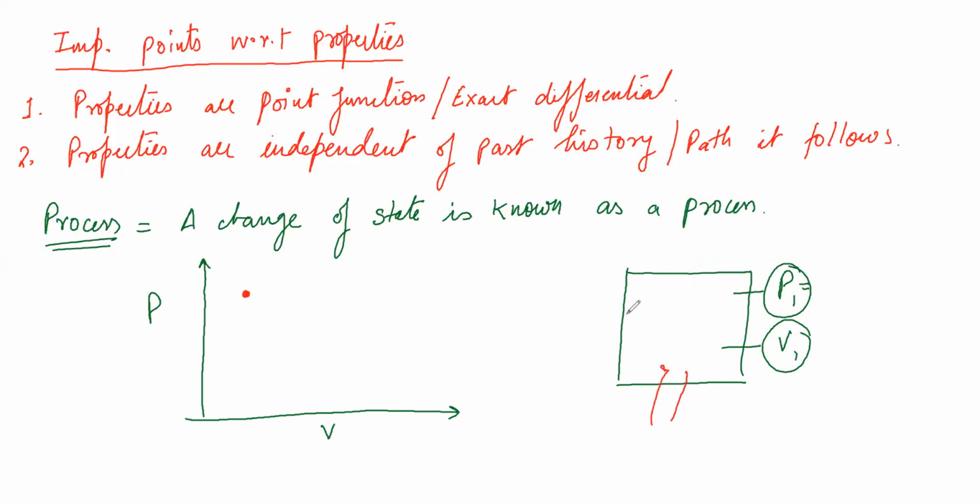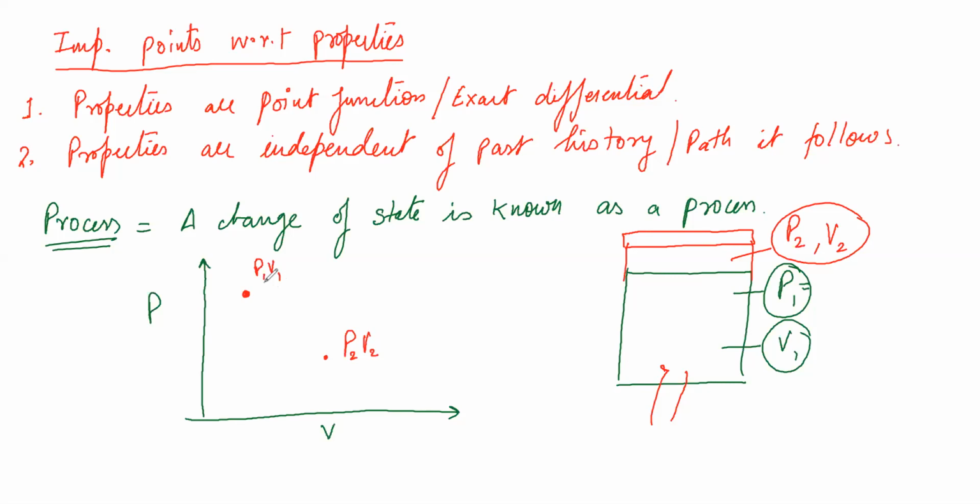Whenever you are adding heat, it could be a movable piston-cylinder arrangement, so it acquires a new dimension. Based on this, the new dimension should be P2 and V2. So this is the coordinate of P1, V1, the initial condition, and this should be the coordinate of P2, V2, right?